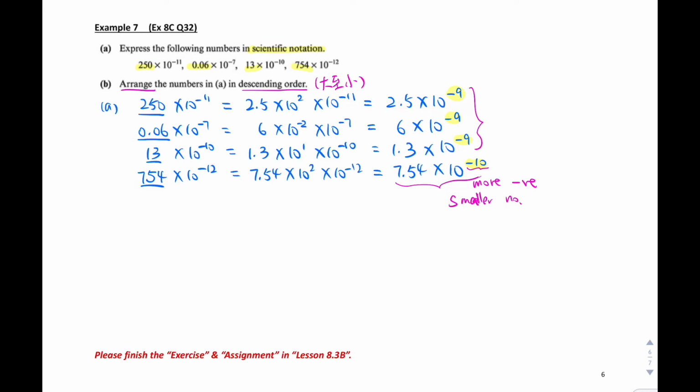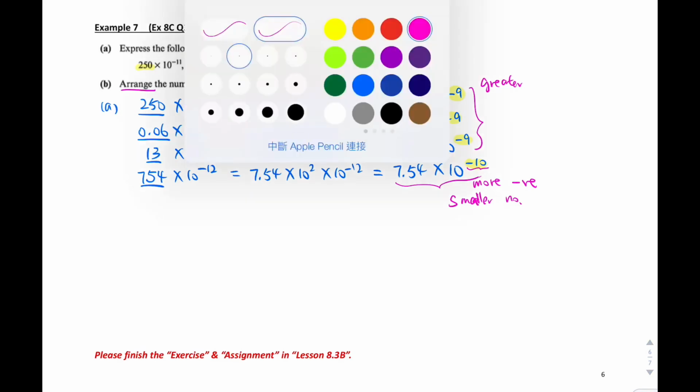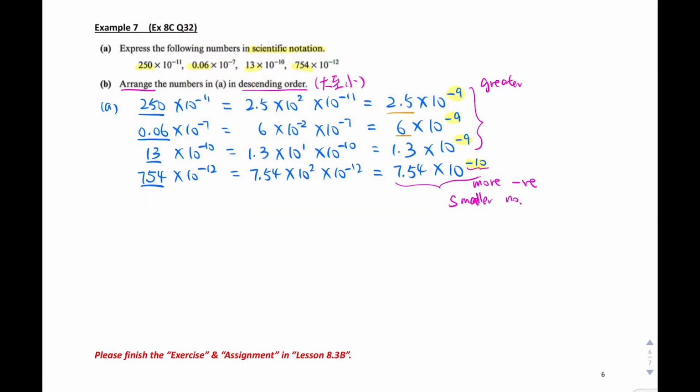So these 3 are greater. Then we go ahead to compare the first 3 numbers. They have the same powers of 10, so we just need to compare the values 2.5, 6, and 1.3. And this is the greatest, and this is the second one, and this is the third one, and this is the last one.